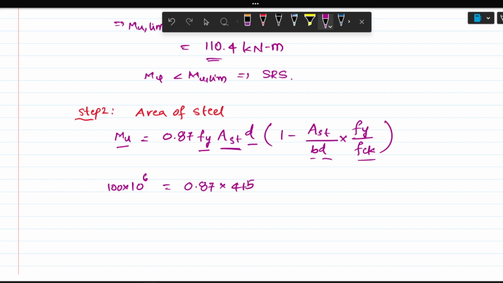That is grade of steel into AST into effective depth. That is nothing but 400 given in the question into 1 minus AST by 250 is the width into 400 into 415 is the grade by FCK is nothing but 20.